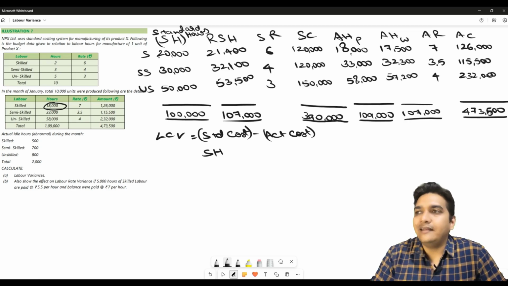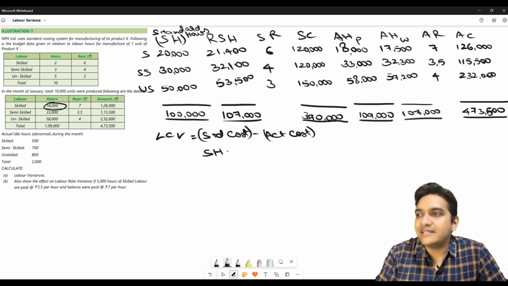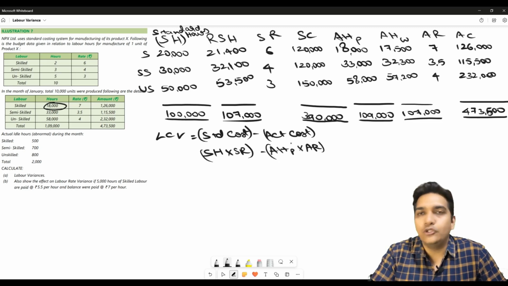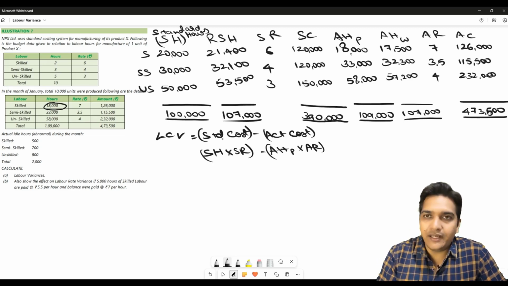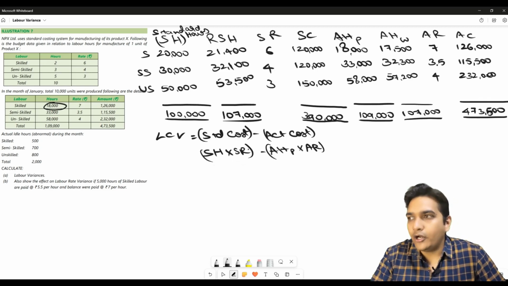If you do that, then in the formula you can straight away write it as SH into SR minus AHP into AR. You can write this, no problem. So the first time when you are doing it in the exam, you have to give the full form. Then you can use the short forms, not an issue.